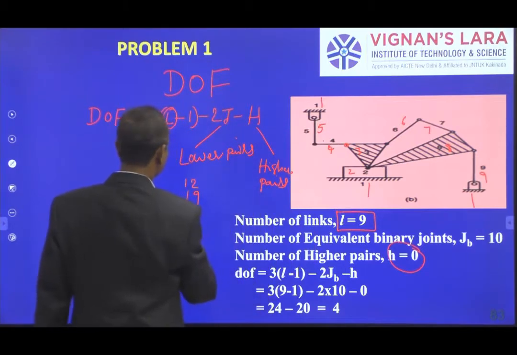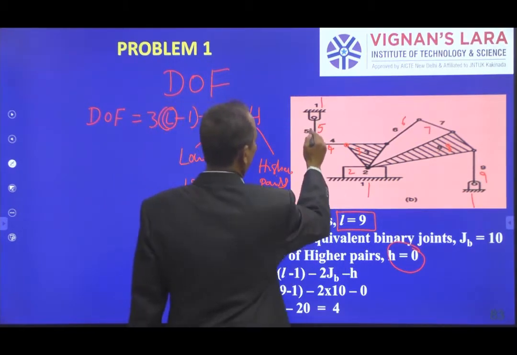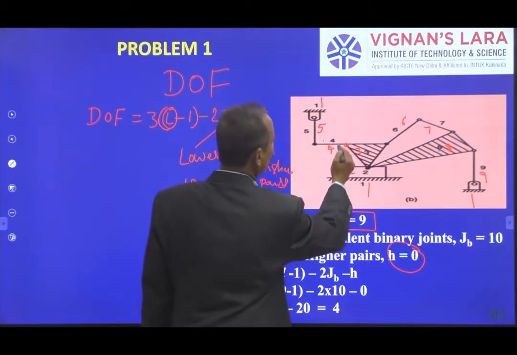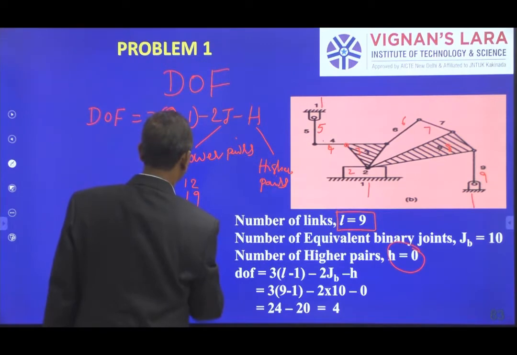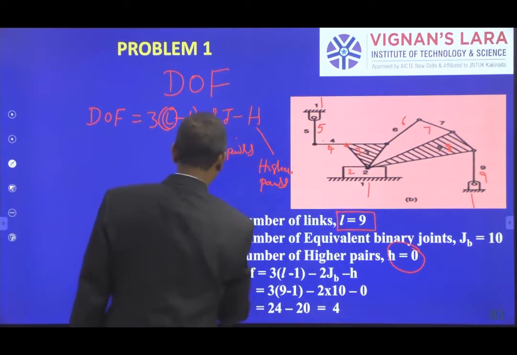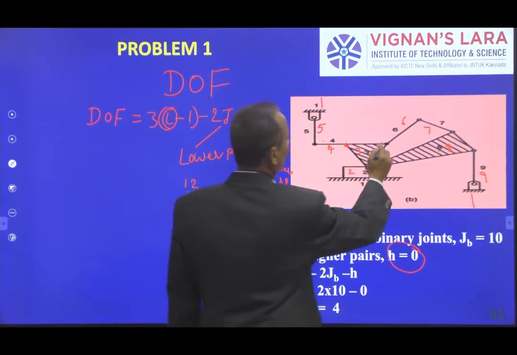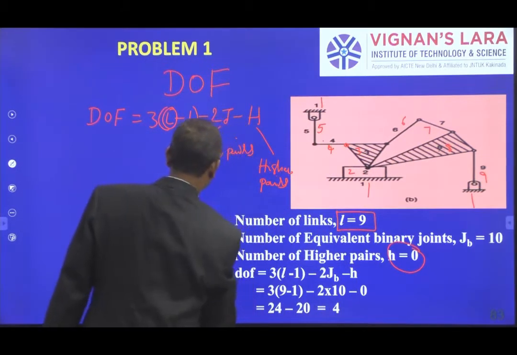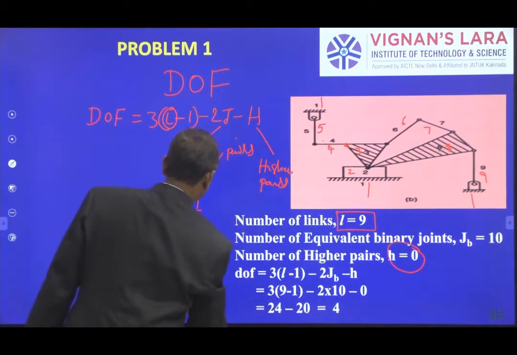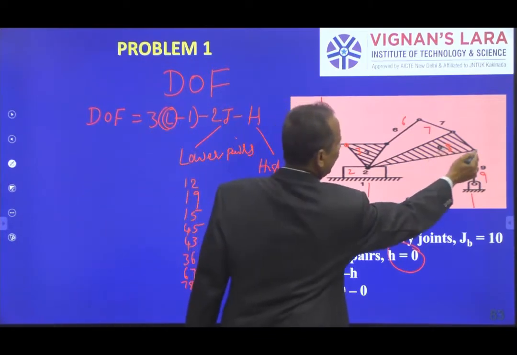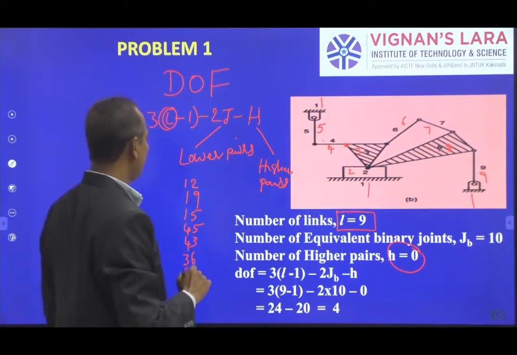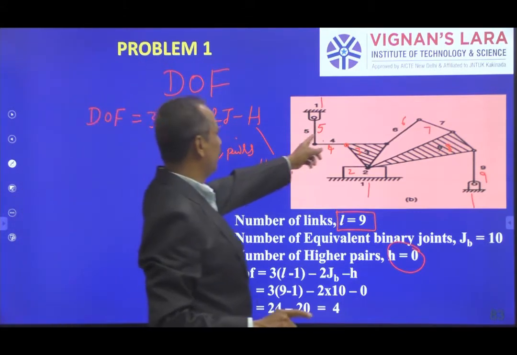Then 1, 5. Then 4, 5. Then 4, 3. Then 3, 6. Then 6, 7. Then 7, 8. Then 8, 9. All these are binary pairs.